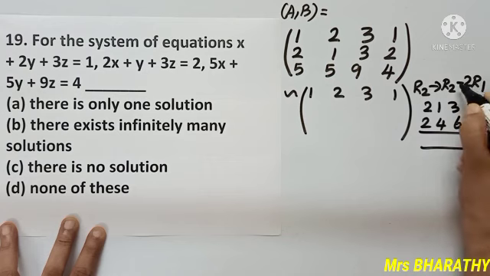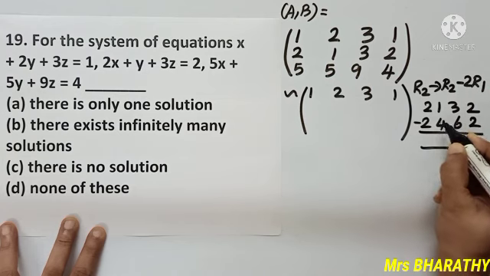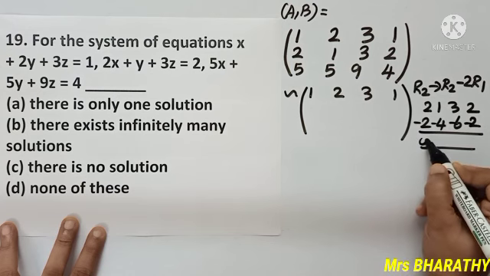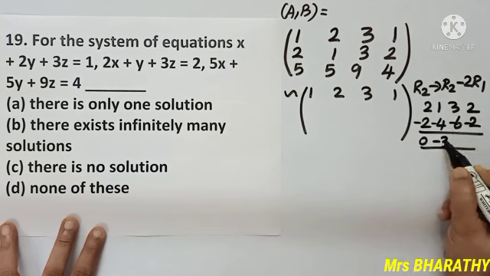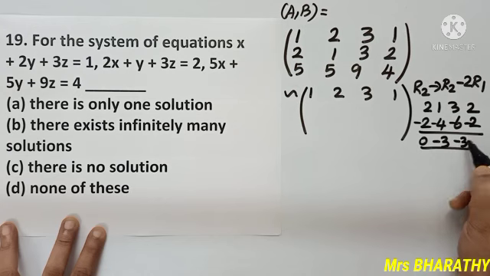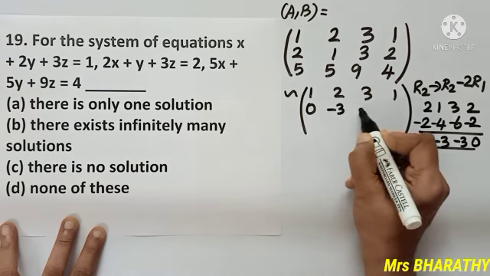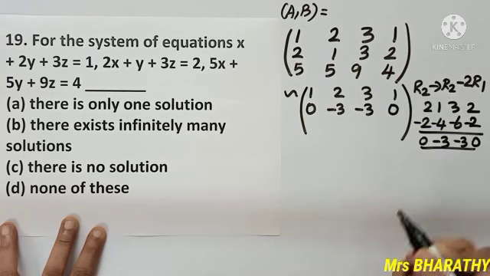I want to subtract, so put a minus symbol. 2 minus 2 is 0, 1 minus 4 is minus 3, 3 minus 6 is minus 3, 2 minus 2 is 0. So I get 0, minus 3, minus 3, 0.